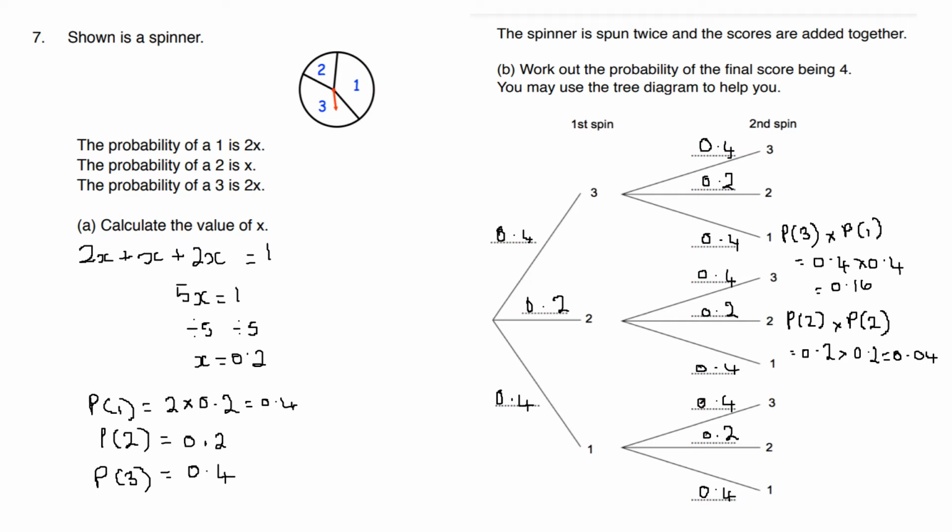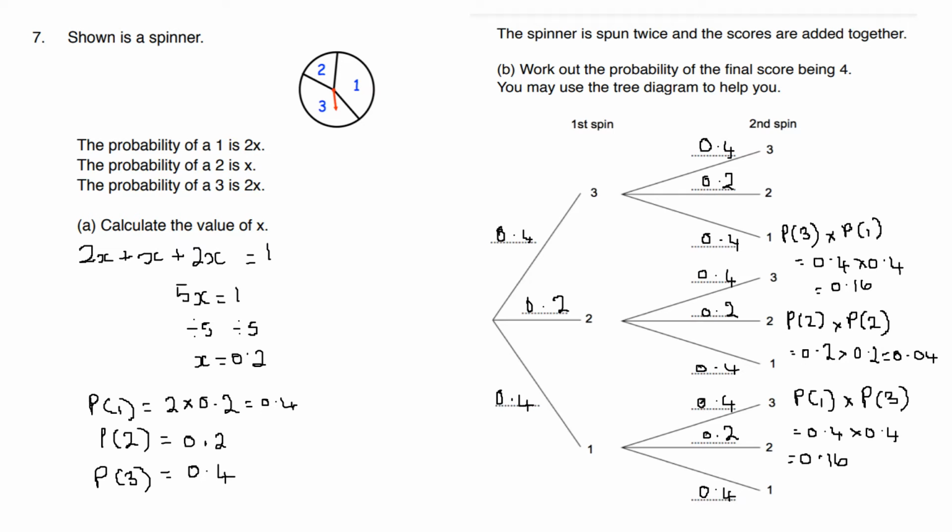And then finally, if I spin a 1 on the first spin, to get 4, I will need to spin a 3 on the second spin. So I'm going to multiply the probability of spinning a 1 by the probability of spinning a 3, which will be 0.4 times 0.4, which will give me 0.16.